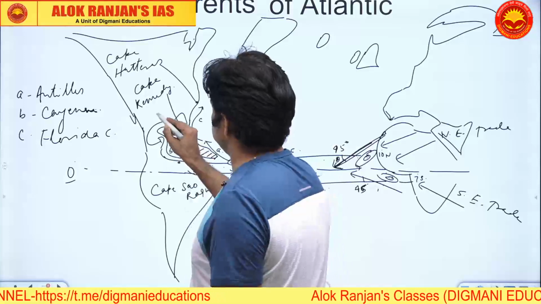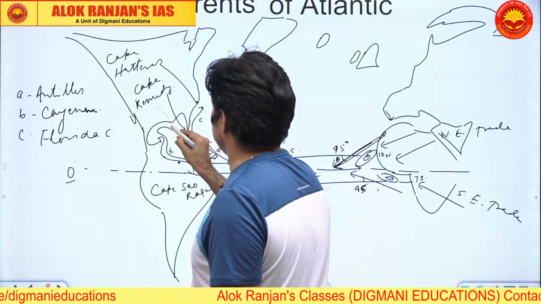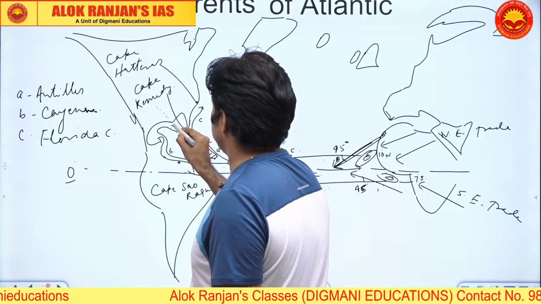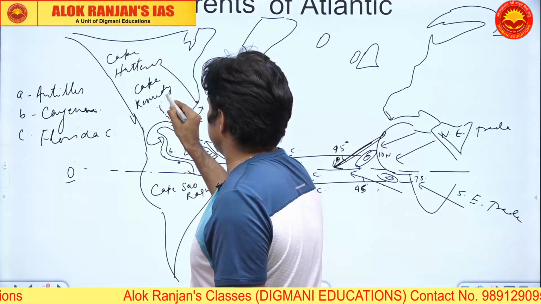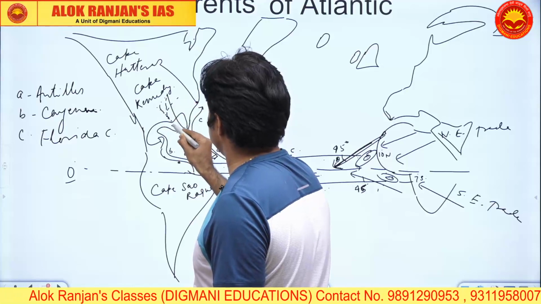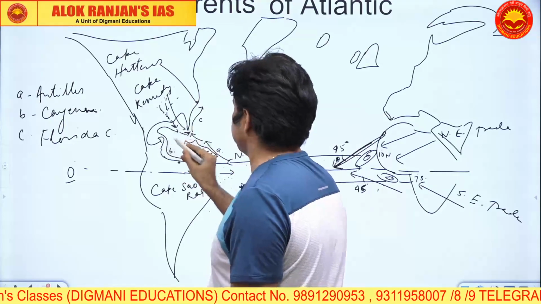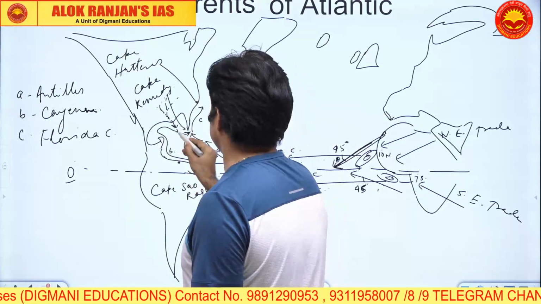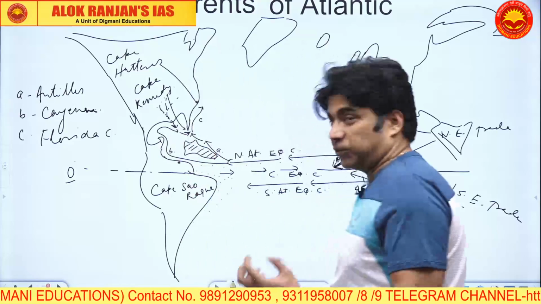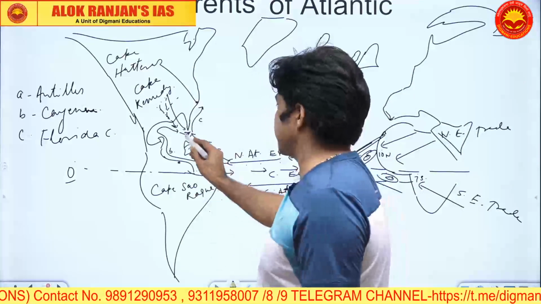Now here you have which river? This is your Mississippi, Missouri river. So Mississippi, Missouri river also puts a lot of water. This whole chain of the Mississippi, Missouri also causes superimposition of water. That drives the Cayenne current away through the Yucatan channel. Here we have the Yucatan channel.